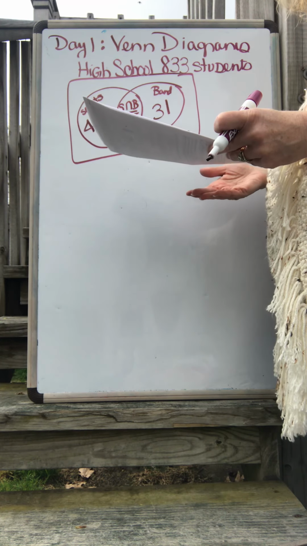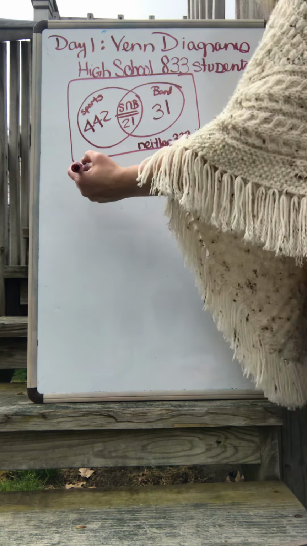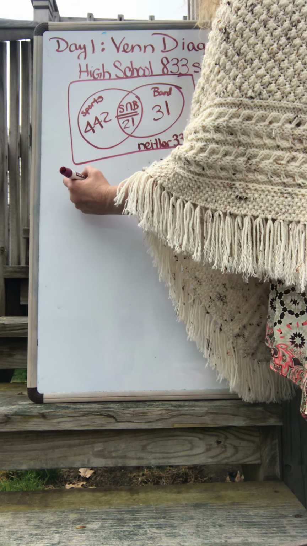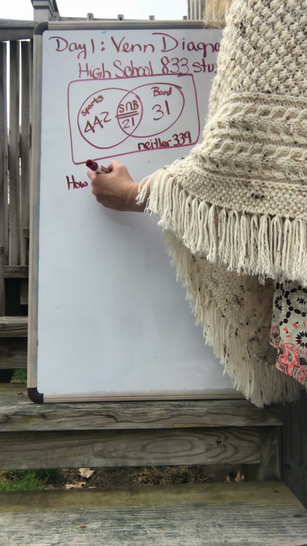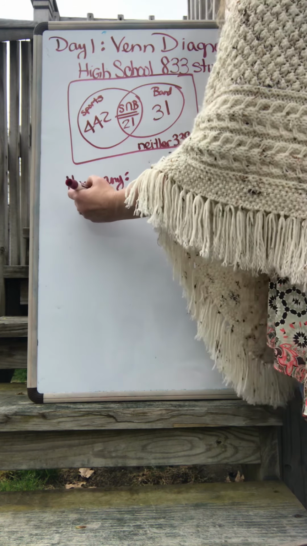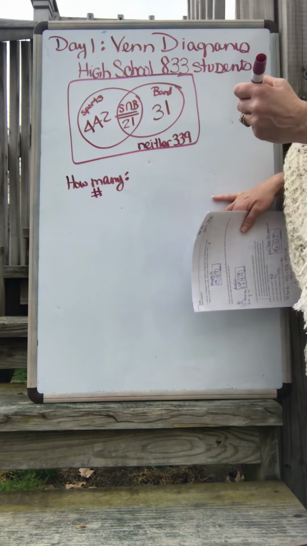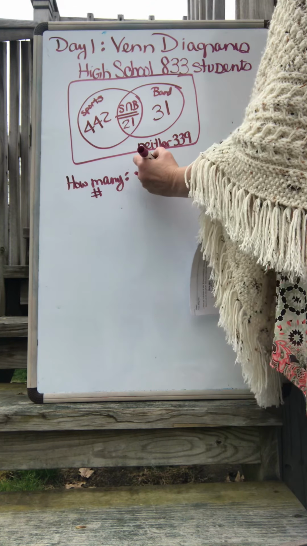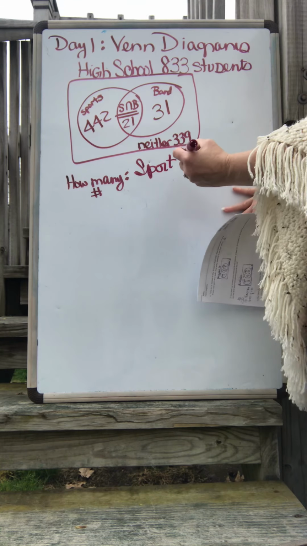So now the question is, how many play in a sport? Now notice we haven't hit probabilities yet. We're asking how many, which is a number, so no fraction when it's a how many question. How many play in a sport? Now they didn't put any condition, they just said a sport.